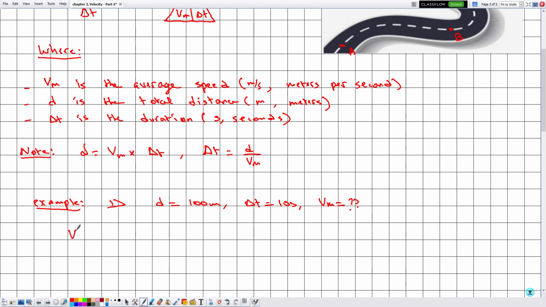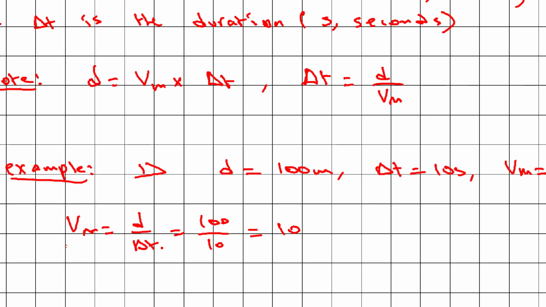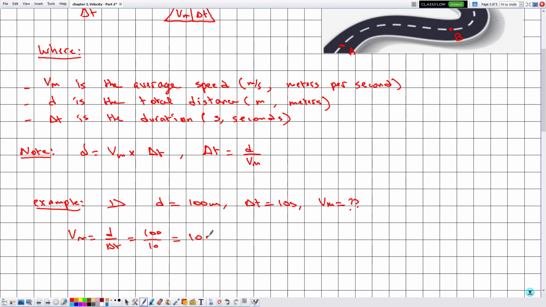Then we know that Vm is equal to d divided by delta t. The value of d in the SI is given by 100. The value of delta t in the SI is given by 10. Now plugging this fraction on the calculator, Vm is given by 10. Since both d and delta t are expressed in the SI, which is meter and second, the unit of Vm will be meters per second. So in this case, Vm is equal to 10 meters per second.